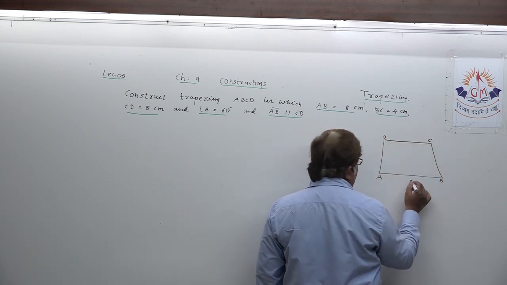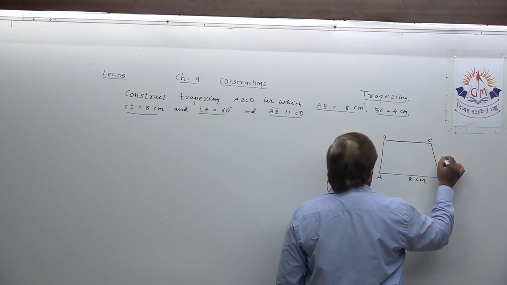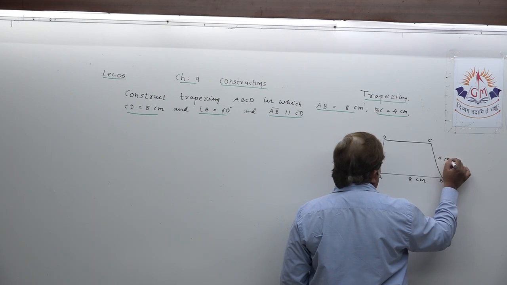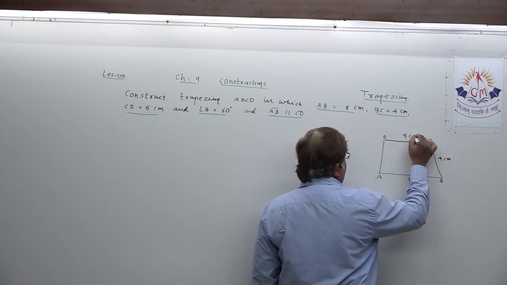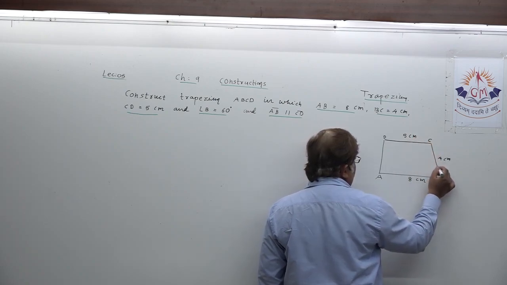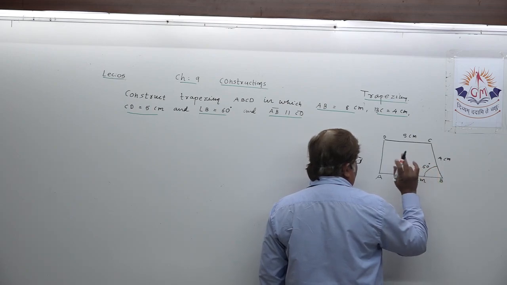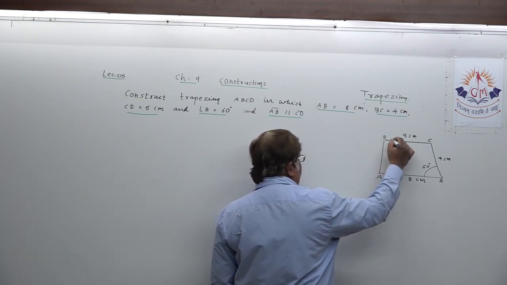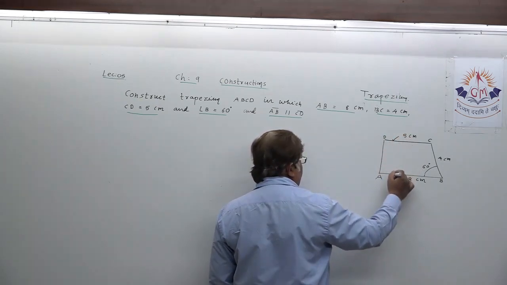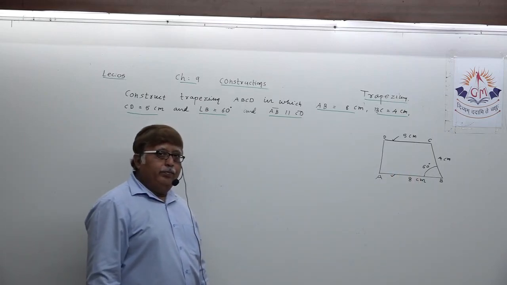Okay, AB has been given 8 centimeter, BC has been given 4 centimeter, CD has been given 5 centimeter, angle B has been given 60 degree, and very important thing, AB and CD need to be parallel.